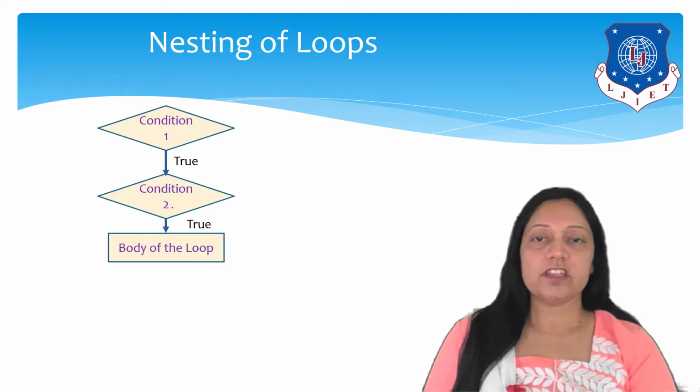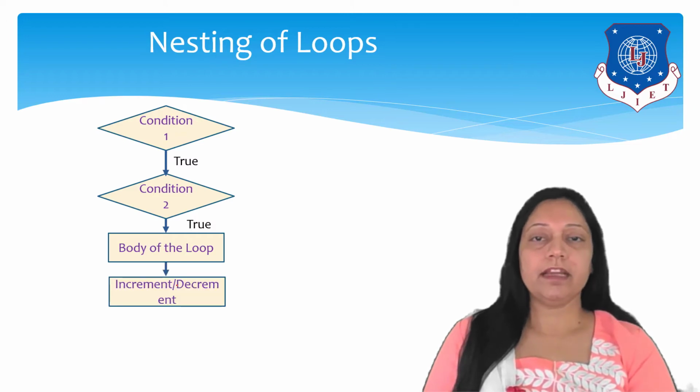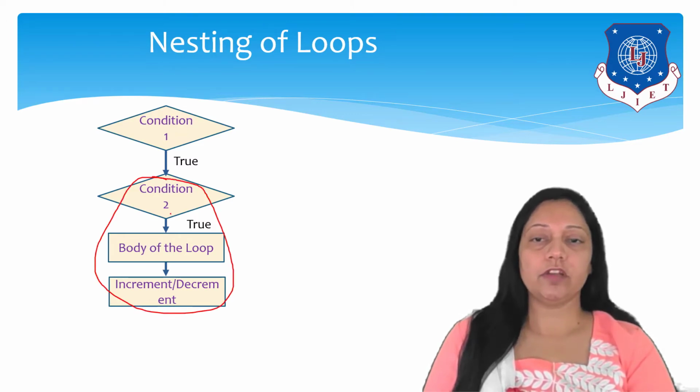If condition 2 is true, then the body of the inner loop is executed. After the execution of the body, the loop variable of the inner loop is updated. So this complete part, condition 2, body of the loop and increment or decrement, belongs to the inner loop. This will be executed again and again.